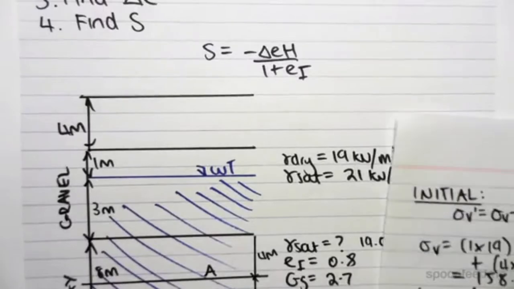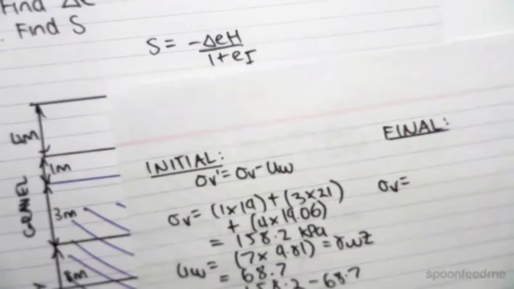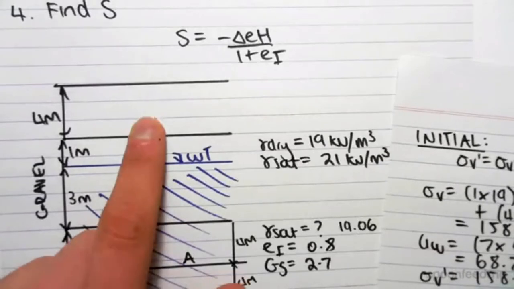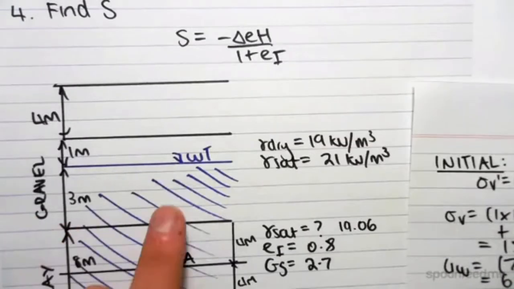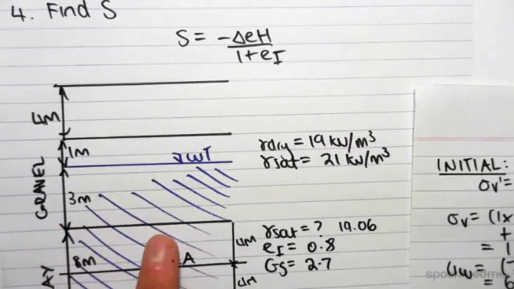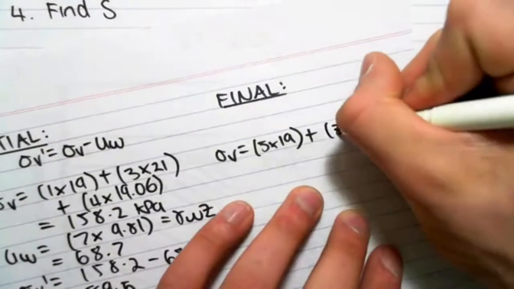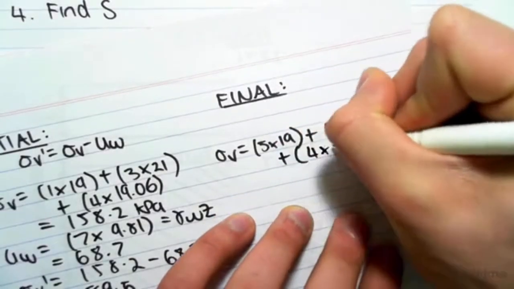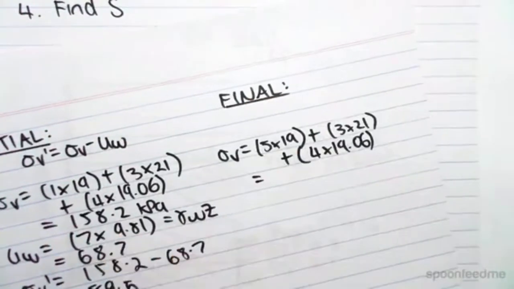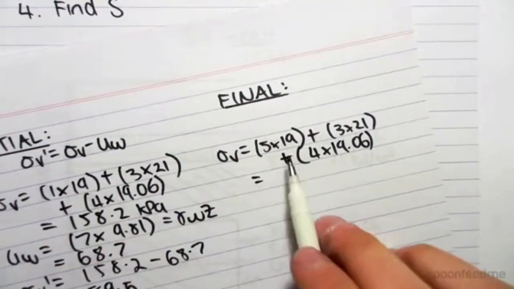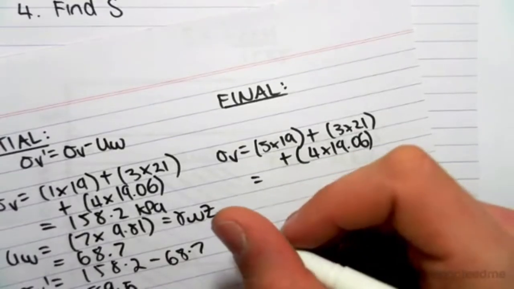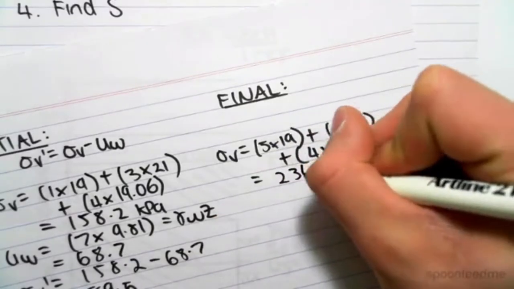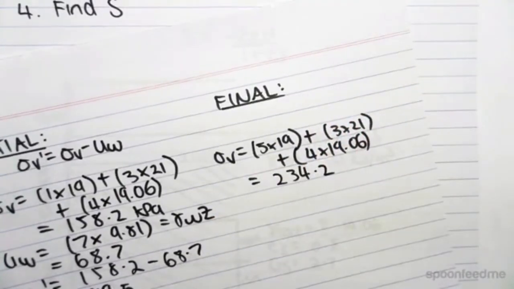So sigma V now is going to equal 1 plus 4, so 5 meters of gravel, plus everything else is the same: 3 by 21 of saturated gravel and 4 lots of saturated clay, so 3 by 21 plus 4 by 19.06. So it's essentially 158.2, the same answer, plus 4 lots of 19. Or you can go ahead and calculate it the way I've written it out. So we get 234.2.